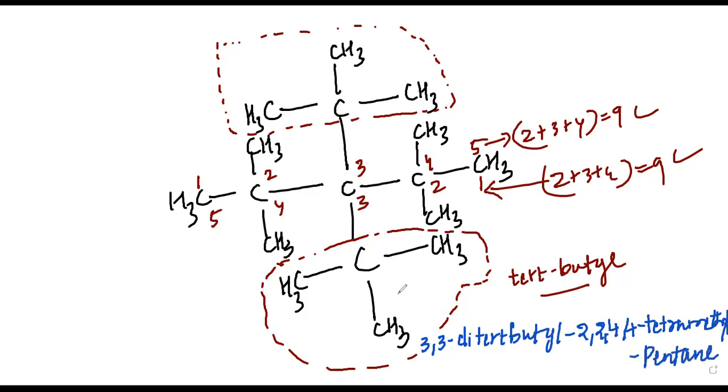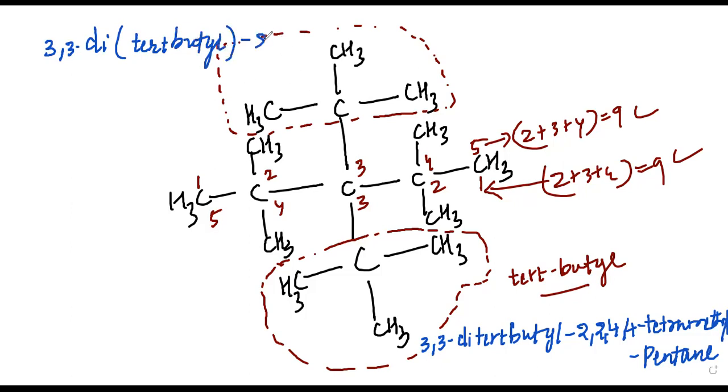So this is how, my dear students, we can write. Let me write it once again here. It is 3, comma 3 di, we can write it in brackets, tertiary butyl.